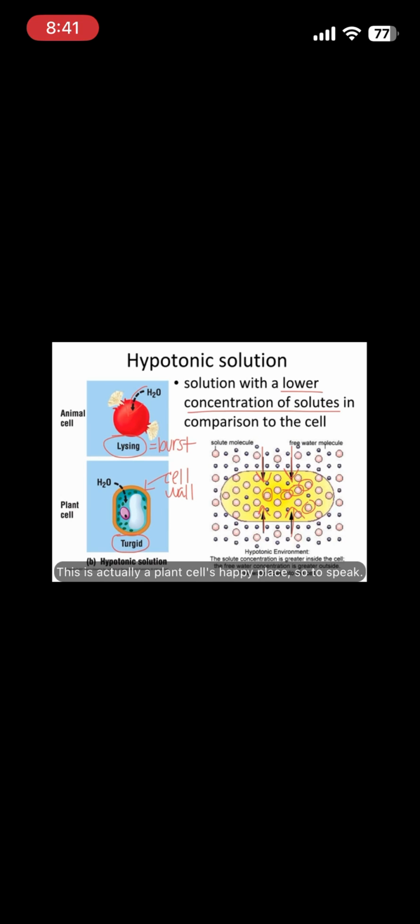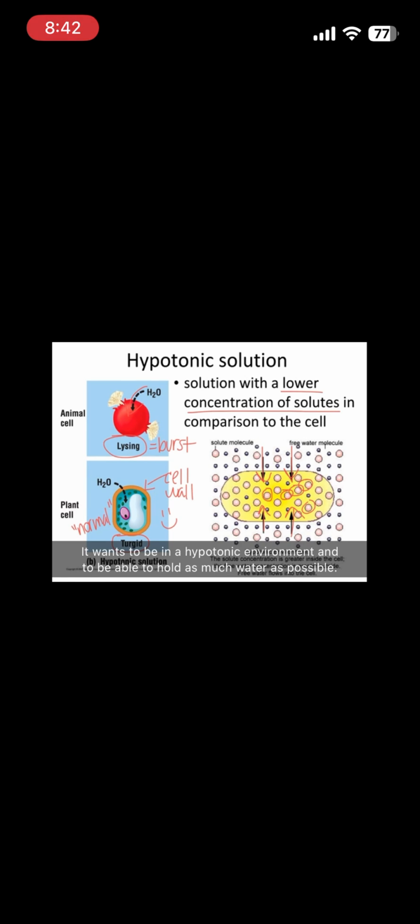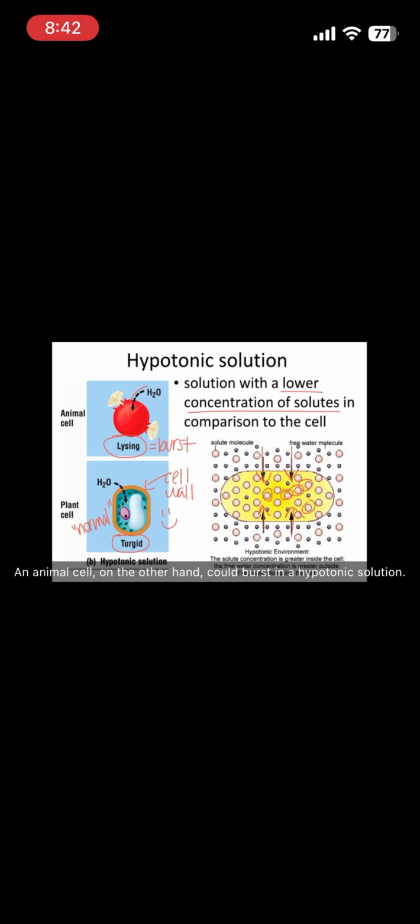This is actually a plant cell's happy place, so to speak. This would be considered their normal. This is the way a plant cell normally wants to be. It wants to be in a hypotonic environment and to be able to hold as much water as possible. An animal cell, on the other hand, could burst in a hypotonic solution.